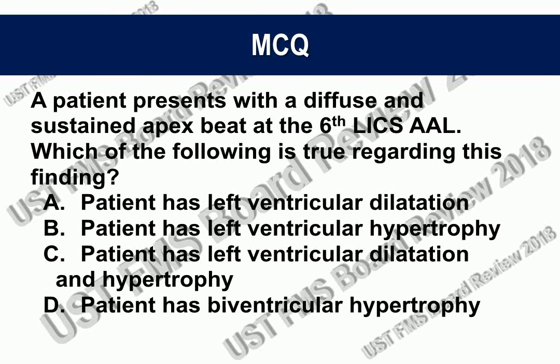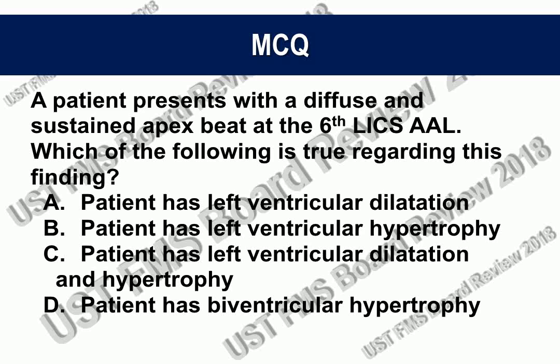A patient presents with a diffuse and sustained apex beat at the 6th left intercostal space, anterior axillary line. Which of the following is true regarding this finding? Does the patient have LV dilatation? Is this LV hypertrophy? Is it a combination of the two, dilatation and hypertrophy? Or is this biventricular hypertrophy?